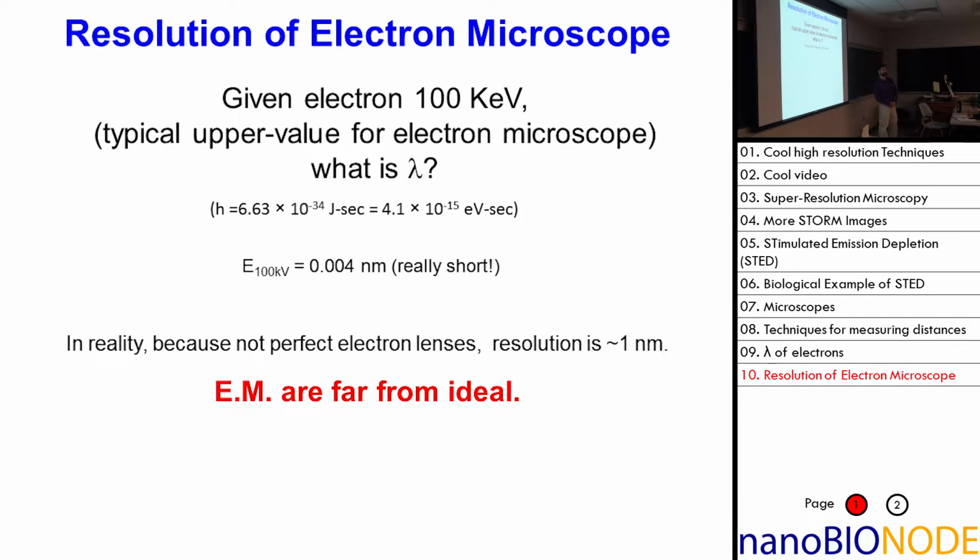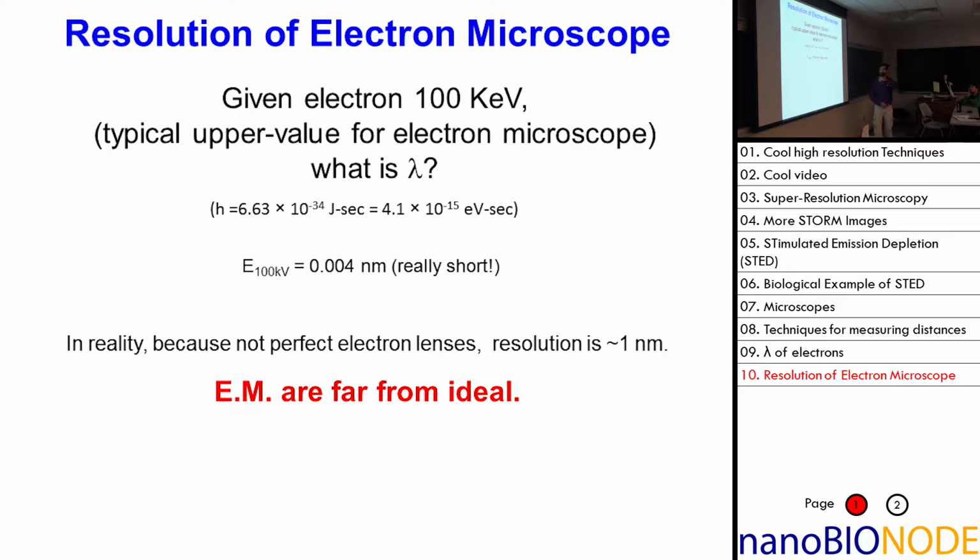I got 0.0123 nanometers. You got point what? 0.0123. So we're a factor of 3 difference. I don't know what it is.